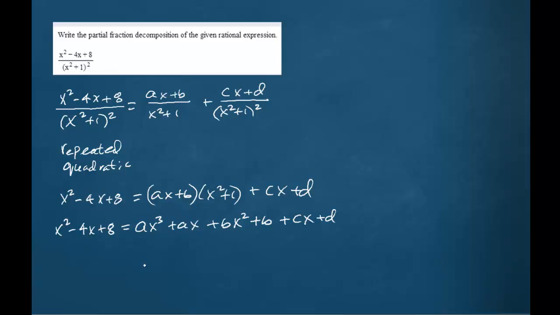And from here we can write some equations. For instance, there is no x cubed term on the left, but there is an x cubed term on the right. Well, the only way that can happen is if a is equal to 0. So there's something that we know.